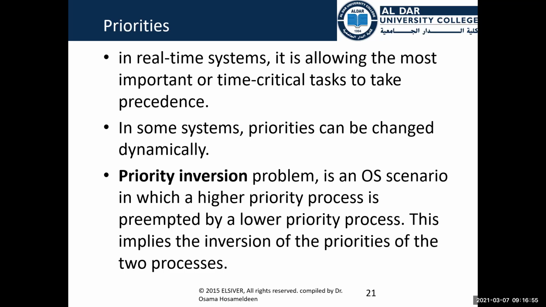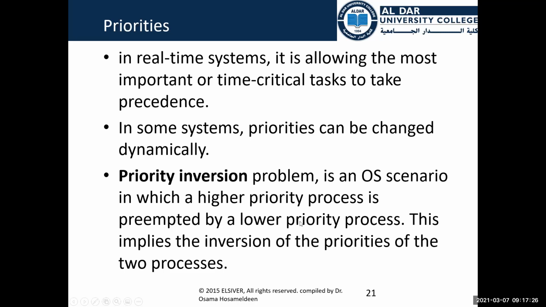Actually, there is a priority problem here called priority inversion. This is like if the operating system is currently dealing with a higher priority process, and it is preempted by a lower priority process. This is called priority inversion.